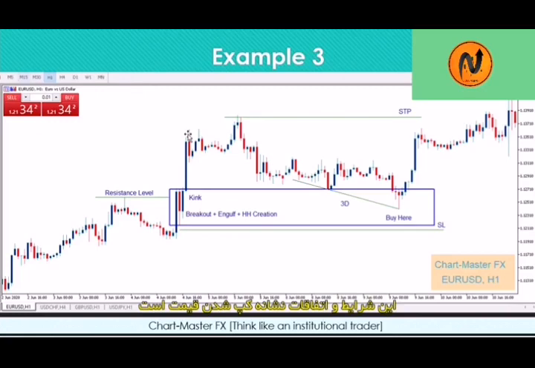So once you see that condition happening, it is giving you a clue that the price is now about to cap. The price is about to make a flag. So this is a pole, this is a flag.